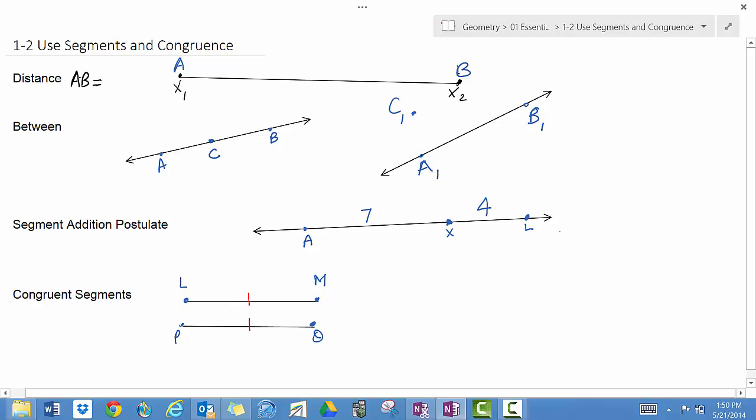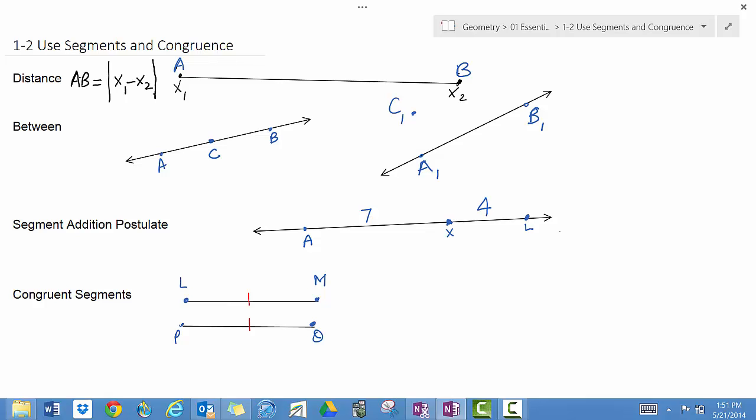So AB means the distance between points A and B is the absolute value of x1 minus x2. In other words, distance cannot be negative. It doesn't matter whether you do x1 minus x2 or x2 minus x1. Also, just a reminder, a point has no dimension. It is an undefined term that we all understand without having to define it.